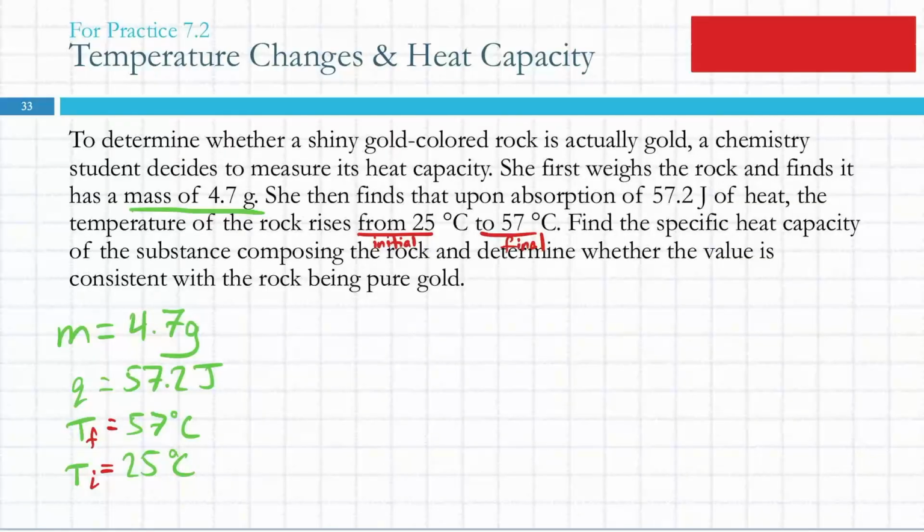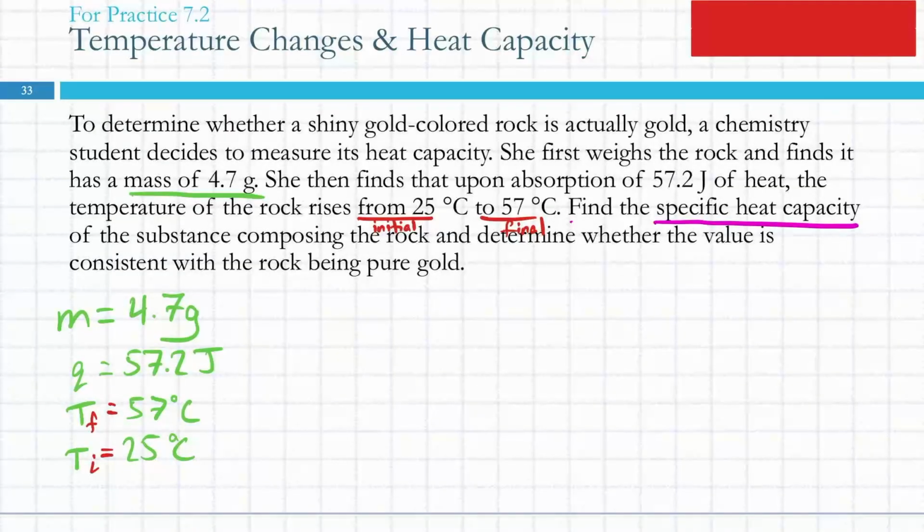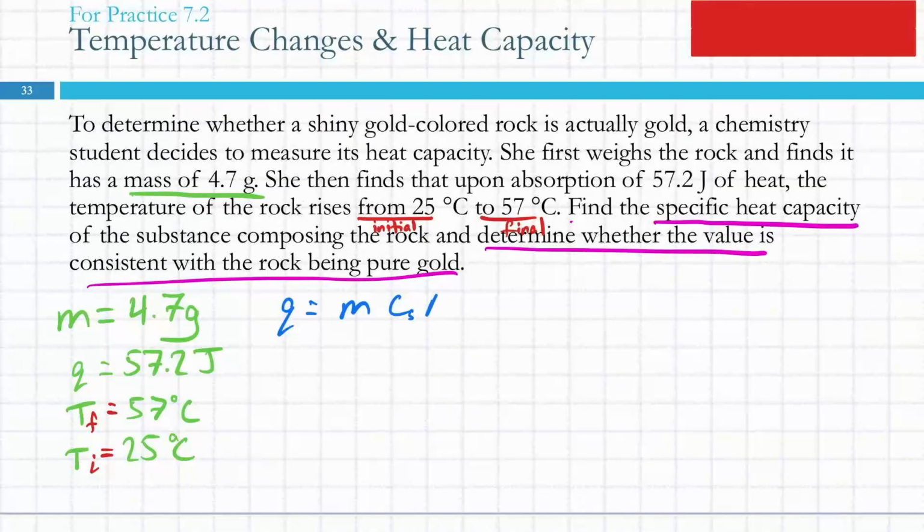We want to find specific heat capacity and determine whether it's consistent with the rock being pure gold. So Q equals MC delta T, where delta T equals TF minus TI. Let's calculate our delta T first.